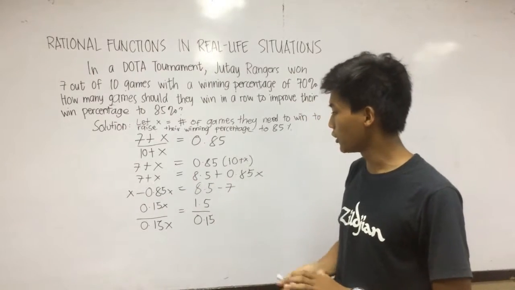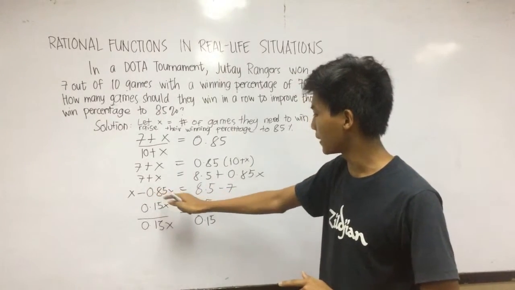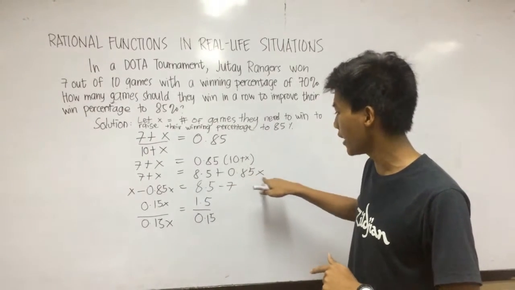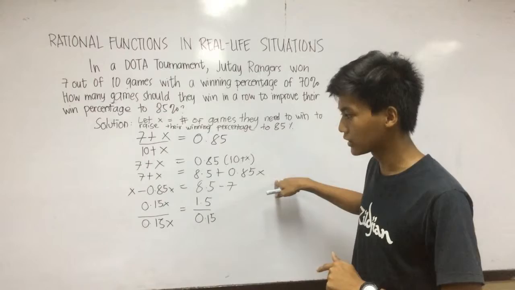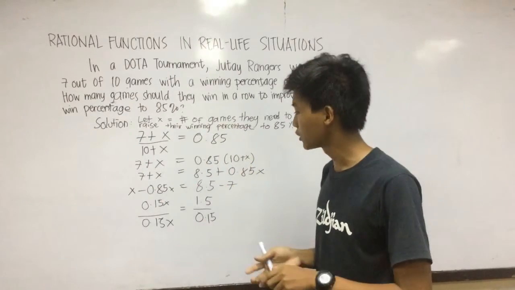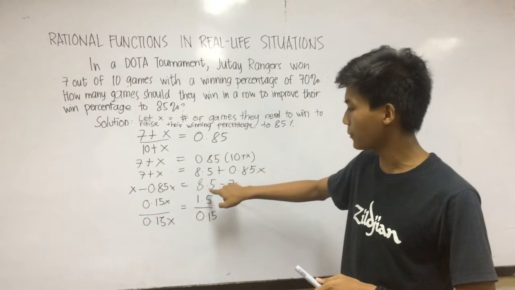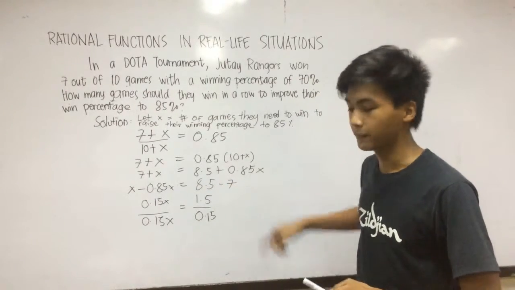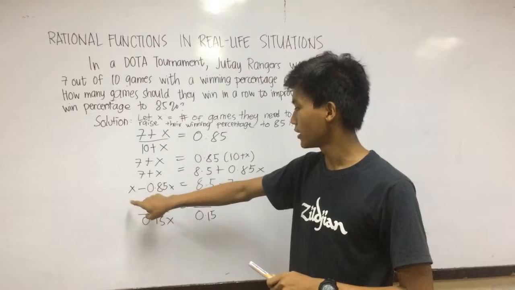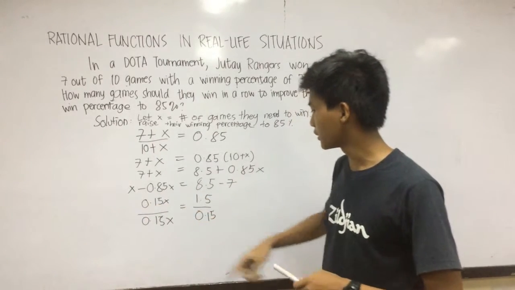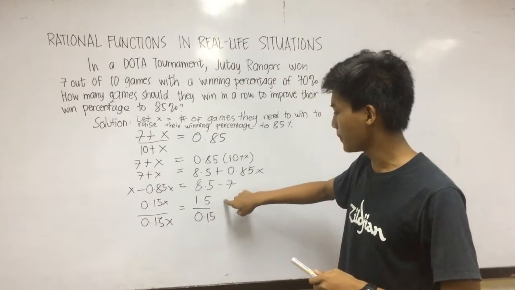Yung 7, malilipat dito sa 8.5, so magiging 8.5 minus 7, and then yung 0.85x, malipat sa kaliwa. So, magiging x minus 0.85x equals to 8.5 minus 7. So, yung magiging sagot na ito, is magiging 0.15x, tapos equal siya sa 1.5.